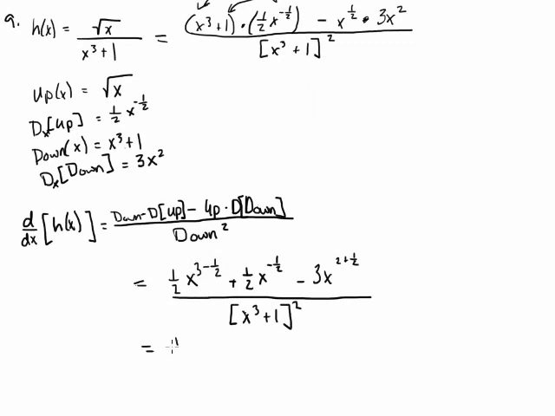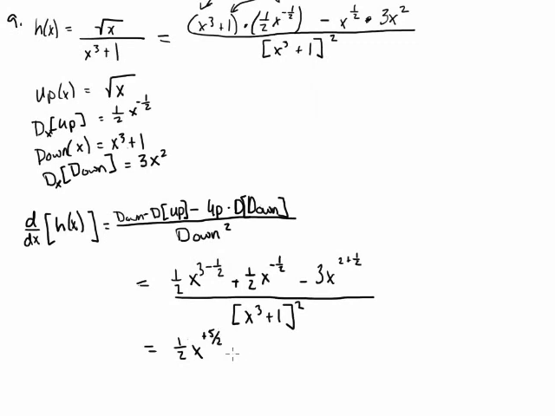This is going to be equal to 1/2 x to the... 3 is the same thing as 6/2, minus 1, so that's x to the negative 5/2. Oh, no, positive 5/2, because we're going to take away 1.